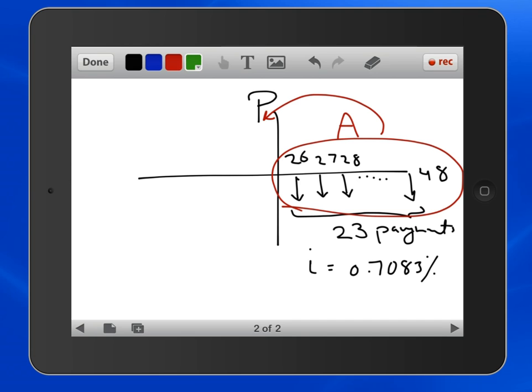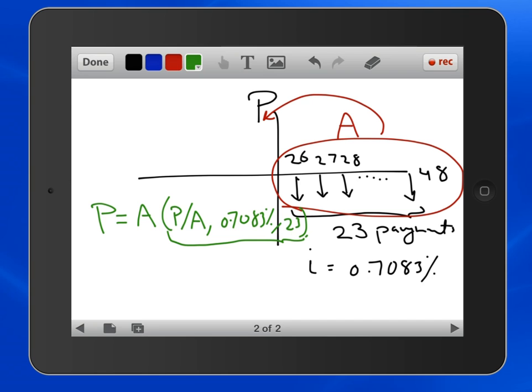So my equation will be P given A, and again, this is not a division, it's called given. So P given A, 0.7083% interest, and number of periods is 23, and this is called the factor. It's a present value factor or present worth factor.